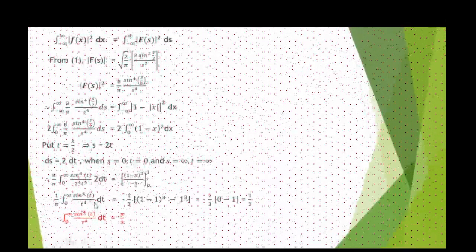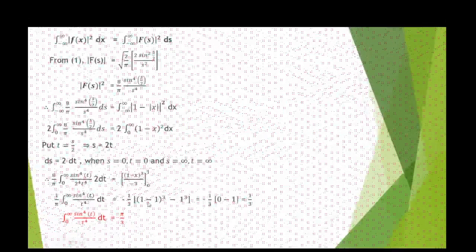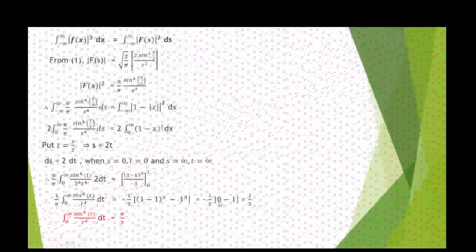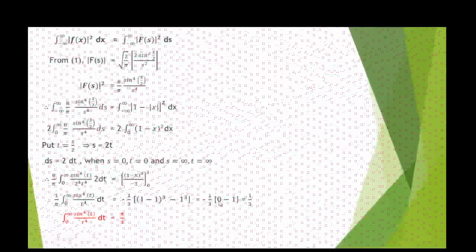Which is equal to minus 1 by 3 times 1 minus, upper limit is 1, so 1 minus 1 is 0, and lower limit is 0, so 1 minus 0 is 1. So minus 1 by 3, 0 minus 1, it is plus 1 by 3.